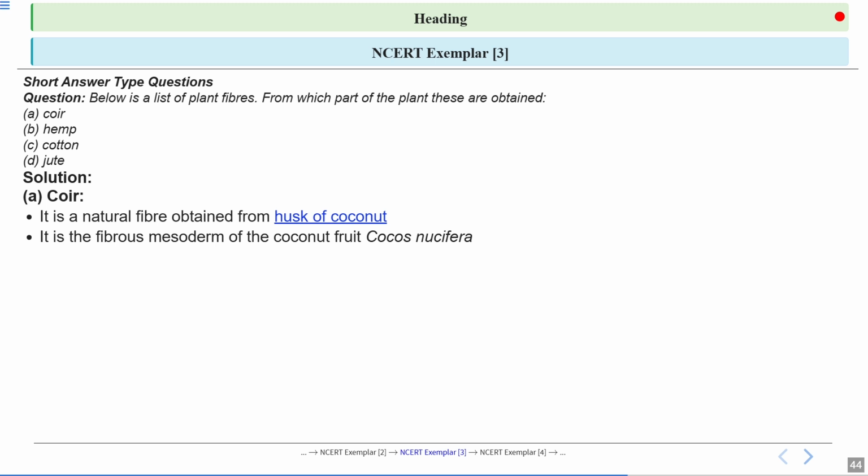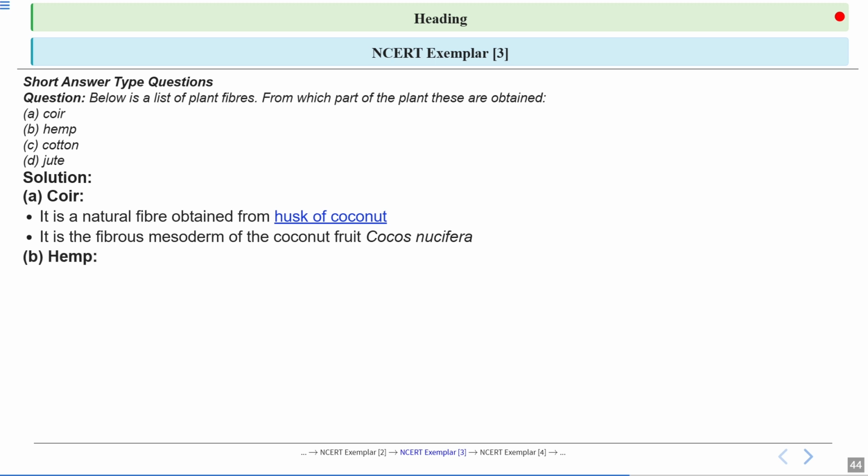You must have seen the green coconut also, with a very smooth surface earlier when the coconut was green. And when the coconut gets dry and you remove this covering, you will get this mesocarp layer that is fibrous in nature.